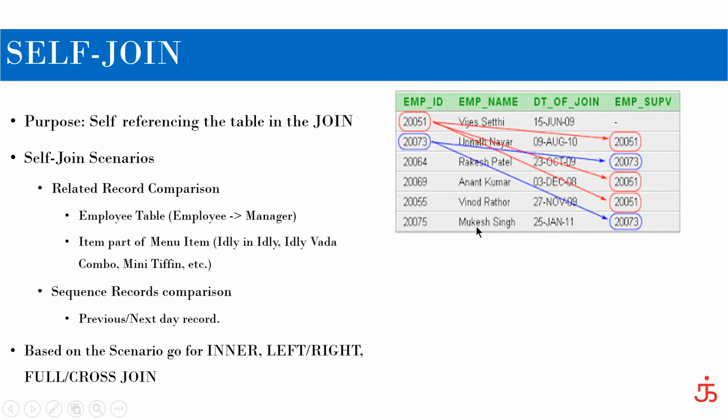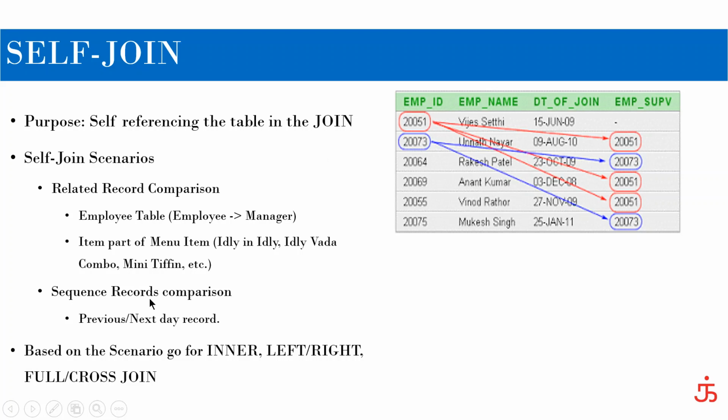I have to join this table with the same table using another alias. Employee is one alias and manager is another alias. So this will be employee dot name, and this will be manager dot employee name. The joining condition will be table A's employee supervisor ID equals table B's employee ID. That's how we go for self join.